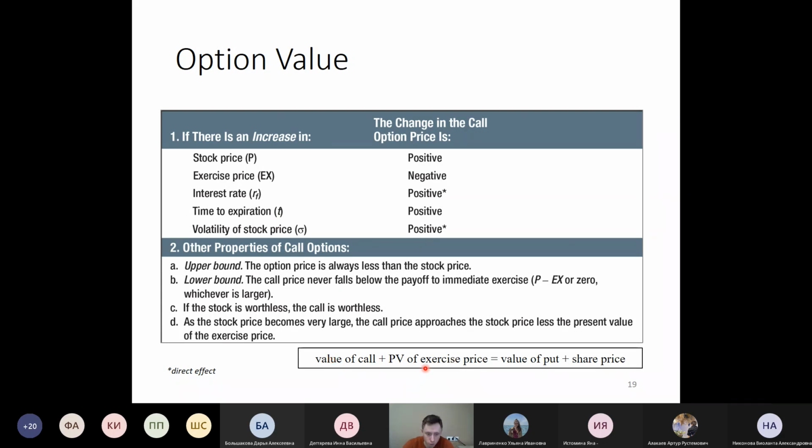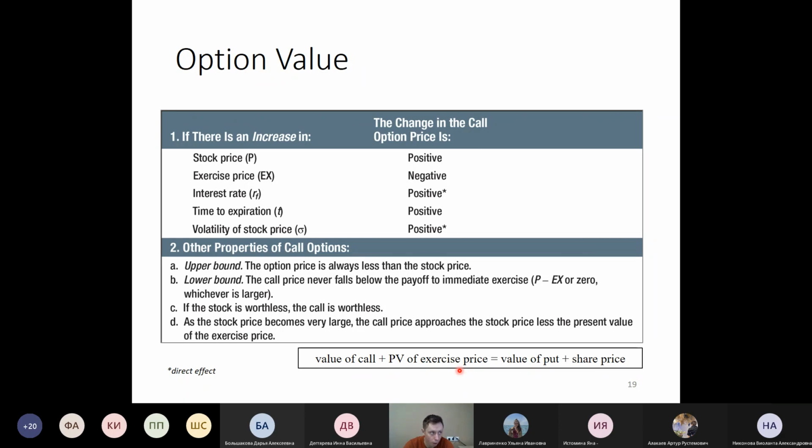And volatility of the stock price, here it is also relevant. So if the asset is more volatile, then we would have a higher discount rate, then the value of the call option would also be higher.